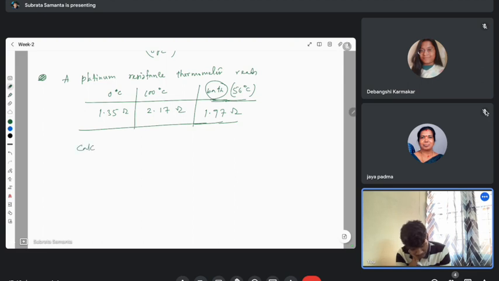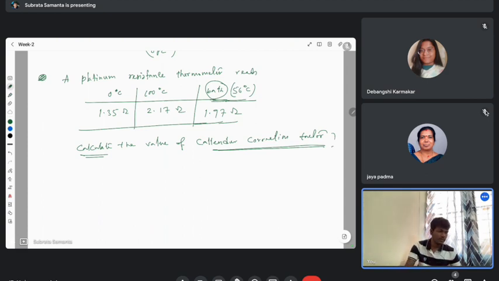Then calculate the value of the Callendar correction factor. So how to calculate the Callendar correction factor? Your bath temperature is 56, right? So first of all, you calculate theta p.